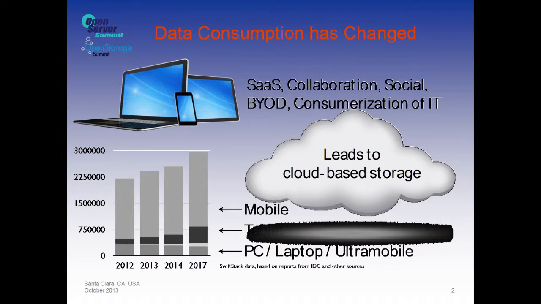So object is a really good interface for people building these applications, largely because it's an HTTP-based interface. If I have my mobile device and I'm pulling data down, I'm pulling it down over HTTP. I'm not doing iSCSI out to some server somewhere to pull the data down. So it's a pretty good way to transport data in and around these applications that are consuming it.